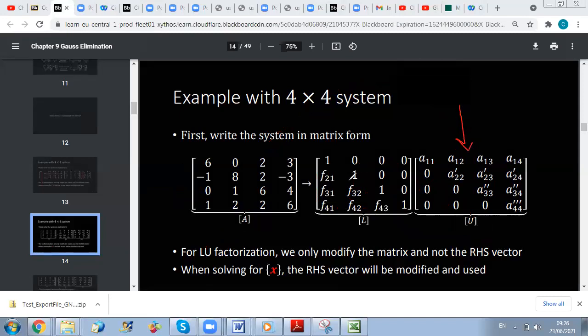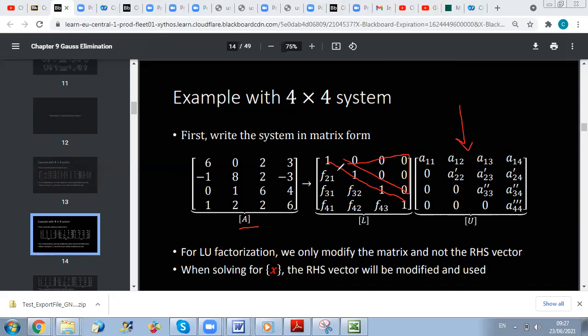Once you are done with the forward elimination procedure, you can verify that if I put the forward elimination factors in a matrix, and complete my matrix with ones on the diagonal and zeros in the upper part, then L times U gives A. You can easily verify this from the definition of your factors.